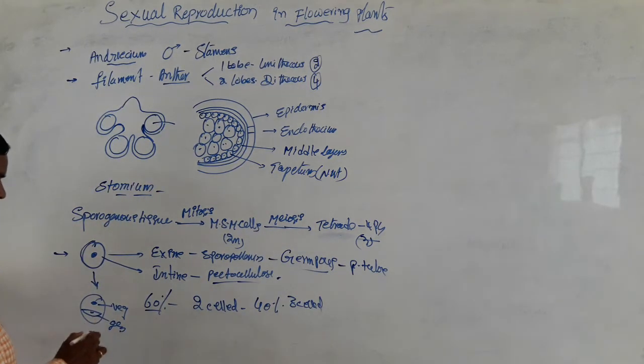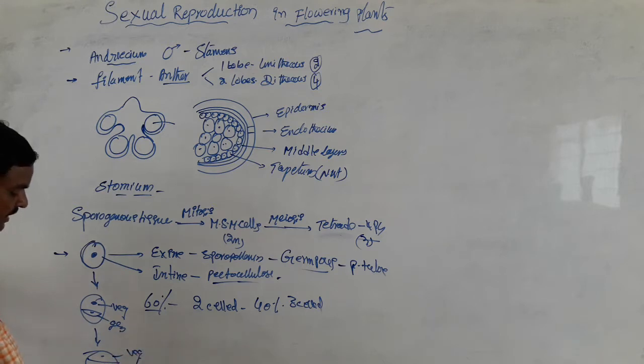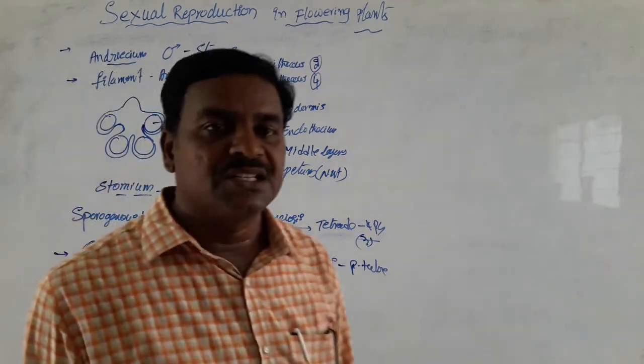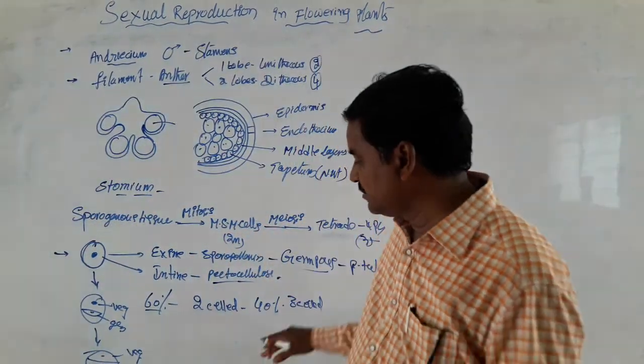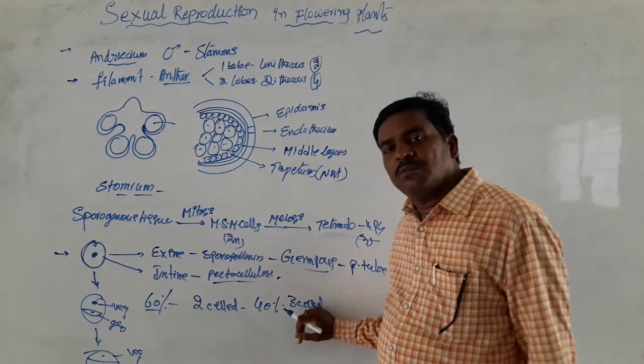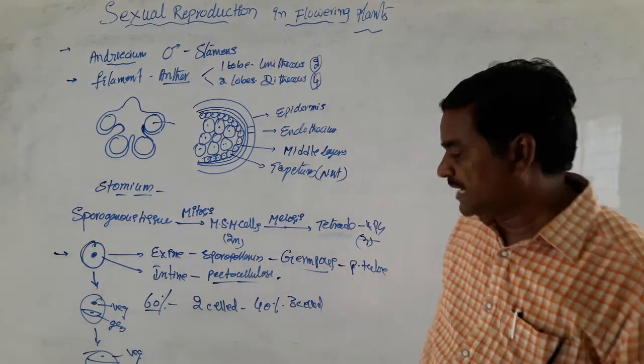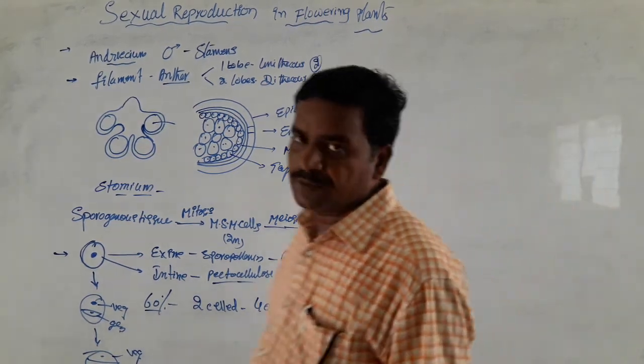Here, the generative cell divides by one more mitosis, leading to the formation of 2 male gametes. In 40% of plants, pollen grains are shed from the microsporangium at the 3-celled stage, but in the remaining 60%, most of the plants, they are shed at the 2-celled stage.